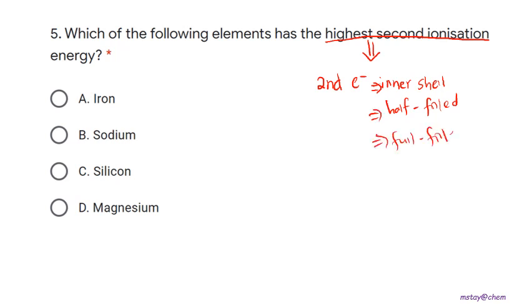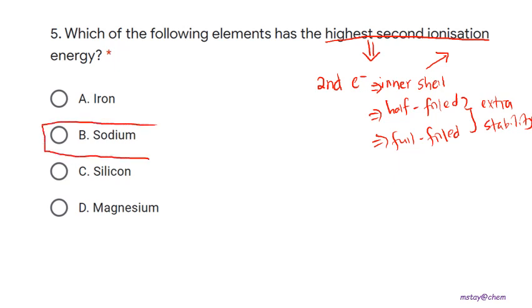Because half-filled and full-filled orbitals have extra stability, while for the inner shell, the attraction between nucleus and valence electron becomes stronger. So from here, we will choose sodium because sodium is an element in group 1, so the second electron will be from the inner shell.